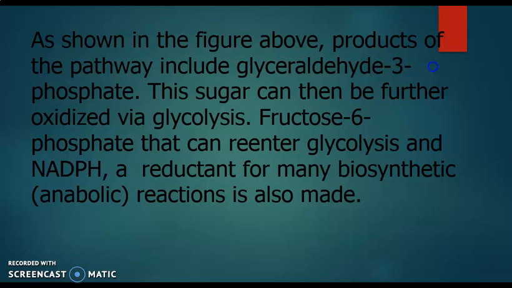So during the PPP, fructose 6-phosphate is also formed, and this also can enter the glycolysis, same as glyceraldehyde 3-phosphate. And NADPH, which is a reductant for many biosynthetic reactions, is also made. So the fructose 6-phosphate is synthesized, glyceraldehyde 3-phosphate is synthesized, NADPH is synthesized during the PPP. So this may enter the glycolysis. Which one? Fructose 6-phosphate and glyceraldehyde 3-phosphate.